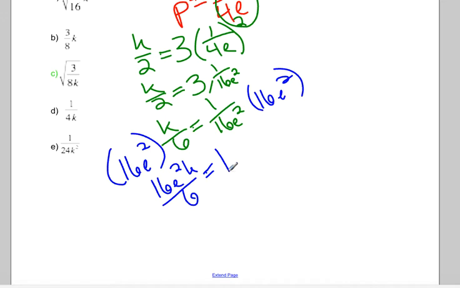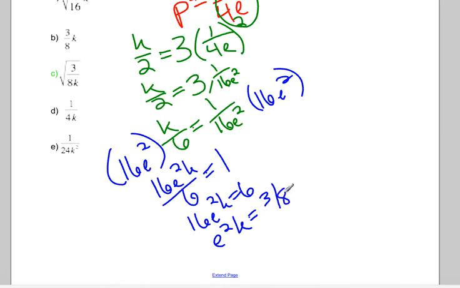All right, so why I didn't do that, well, I'm just going to multiply by 6 now. I could have, though. Multiply both sides by 6, and I get 16e squared k is going to be equal to 6. I'm going to divide by that 16. So I'm going to get e squared k is equal to 6 over 16, which is 3/8.